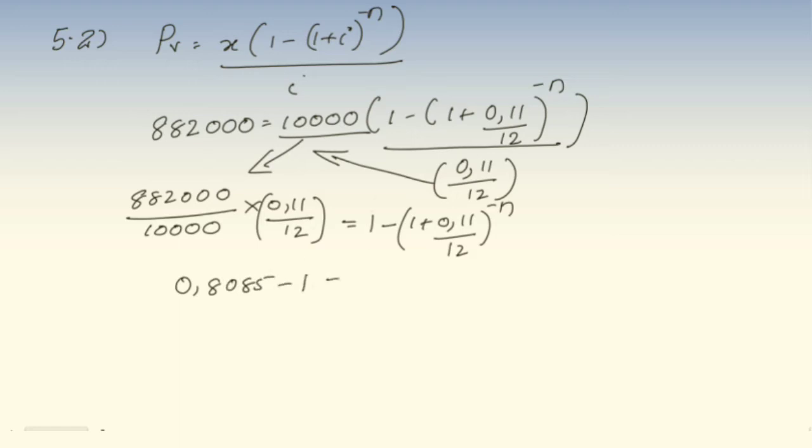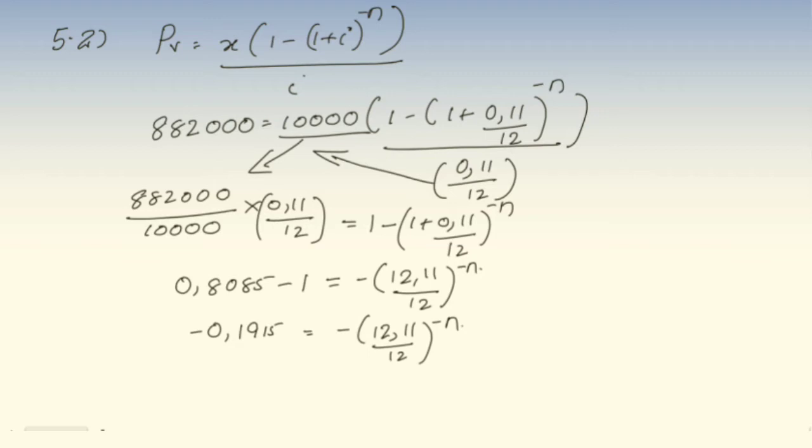Now send 1 to the other side. That is going to be minus 1 is equal to, the other side is minus (1 plus 0,11 divided by 12) to the power minus n. Now the left hand side, when you subtract it, you will get minus 0,1915, is equal to minus bracket (1 plus 0,11 divided by 12) to the power minus n.